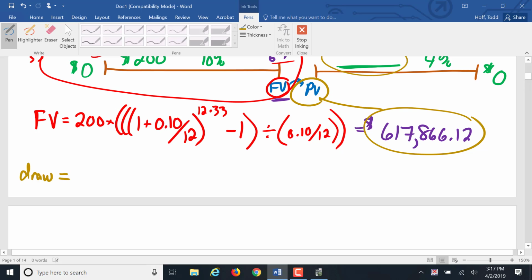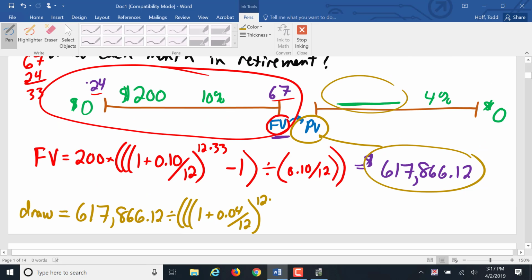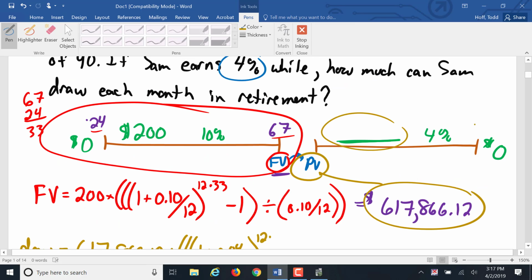So draw, our payments coming out. So we got 617,866.12 divided by 1, 2, 3. 1 plus, now it's 4%. What we're drawing out, so 0.04 divided by 12. So the power of 12 times, how many years is that? This was 90 that we're going to end up at here. 90 minus 67 is 23 years.